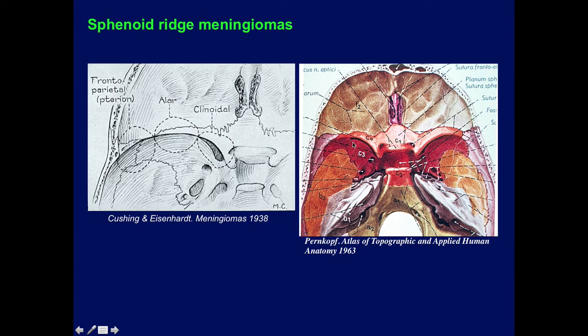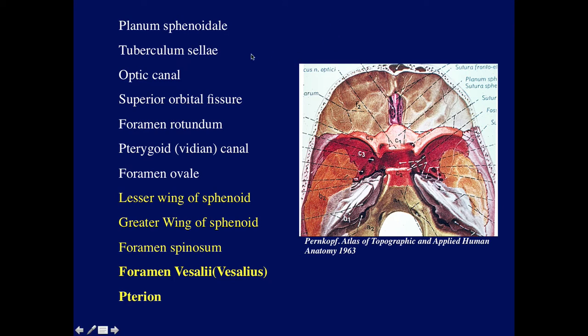I just want to review the anatomy of the sphenoid bone, which I've talked about before. It's a very important bone. It has many foramina in it and is involved with many cranial nerve issues, but also with meningiomas, as we've seen and will see. So far, I've talked about the planum sphenoidale over here, the tuberculum sellae, which I covered last week, the optic canals, and the anterior clinoids.